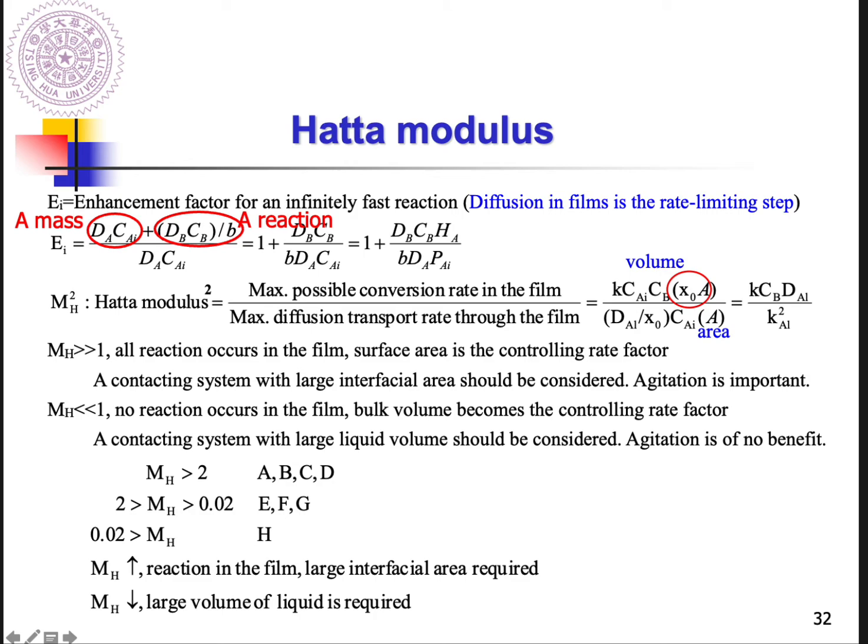And then you get the conversion rate. And here you got the diffusivity concentration gradient, and this is flux, so you multiply by the area. Based on this, you drop this term out and drop this term out, and after multiplying, you got k CB x0 divided by kAL. x0 equals DAL over kAL. So you got the Hatta modulus squared becomes here. You take the square root of it, so you got what I told you.